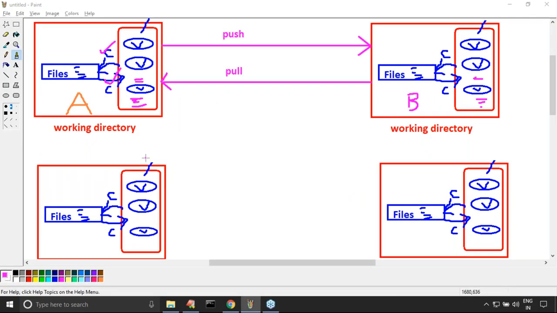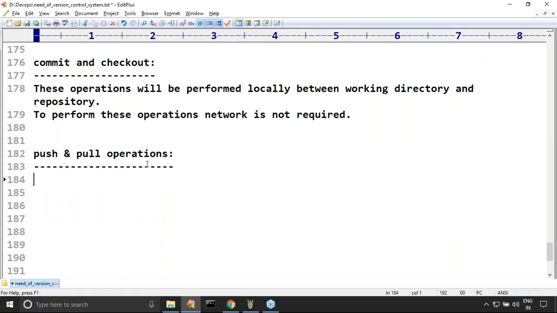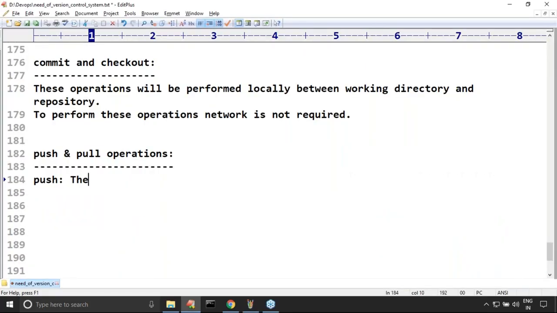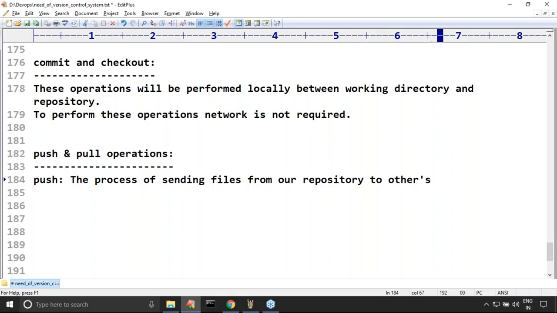Now observe push and pull operations. Sir, what is the meaning of push? Can you please tell from this diagram? The process of sending files from our repository to others' repositories, meaning other peer developers' repositories.